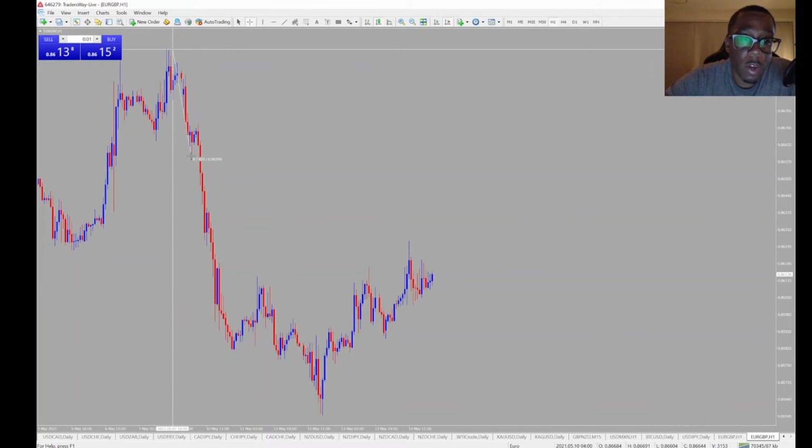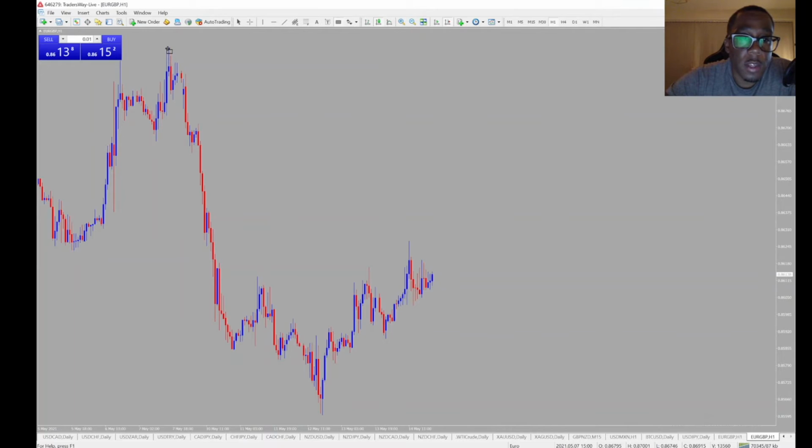Now in this move alone, there is, say, 40 pips, give and take, alongside the first number, which is 9, so that represents roughly 9 candles. So let's go over here.